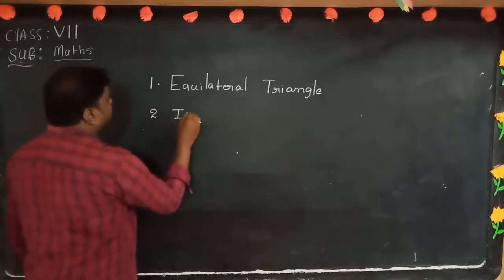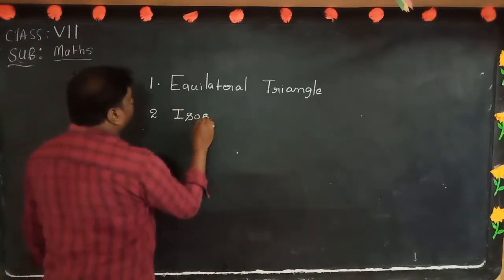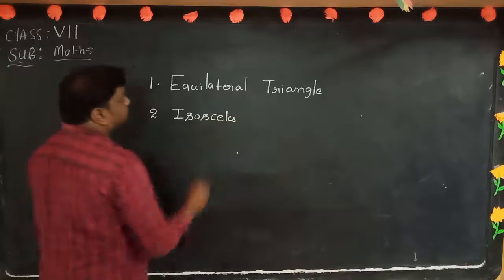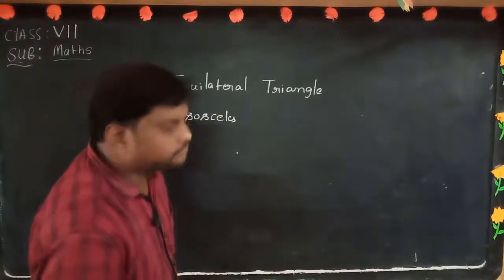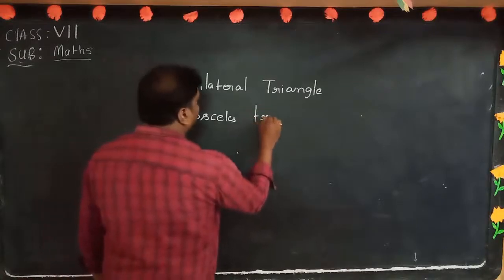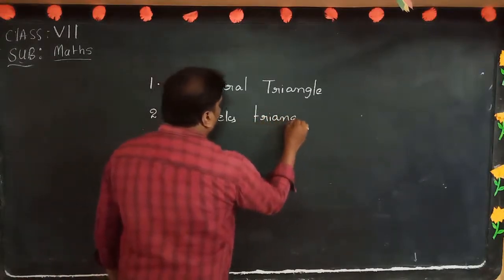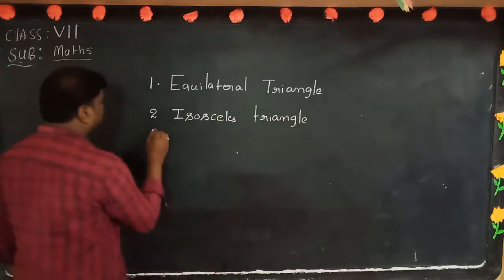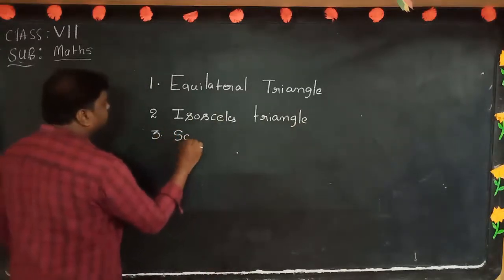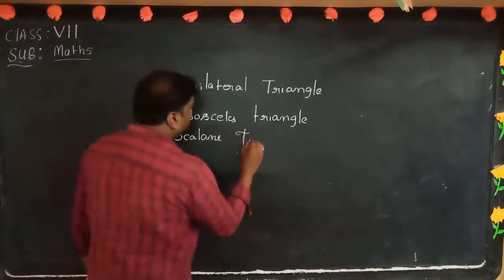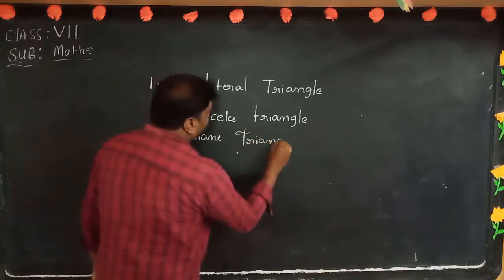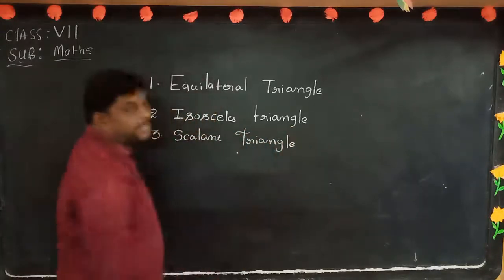Second one is isosceles triangle. Third one is scalene triangle.